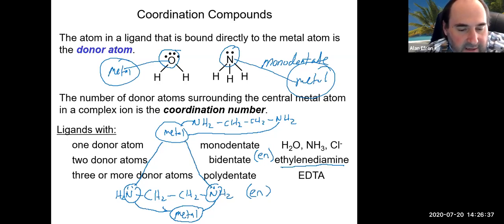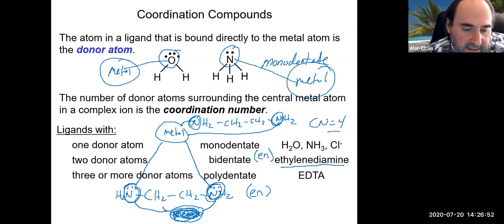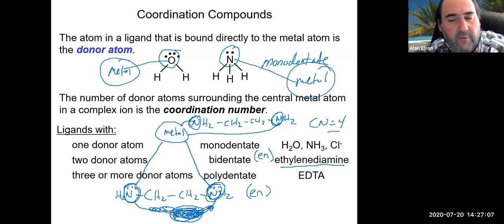Now, if we look at this metal and ignore this metal down here, it has attached in 1, 2, 3, and 4 places. So the coordination number in this case would be 4, even though we only have 2 of those ligands attached, because each of the 2 ligands can attach in 2 spots per molecule. So for every one, you get 2 in terms of the coordination number, and the coordination number will be 4.